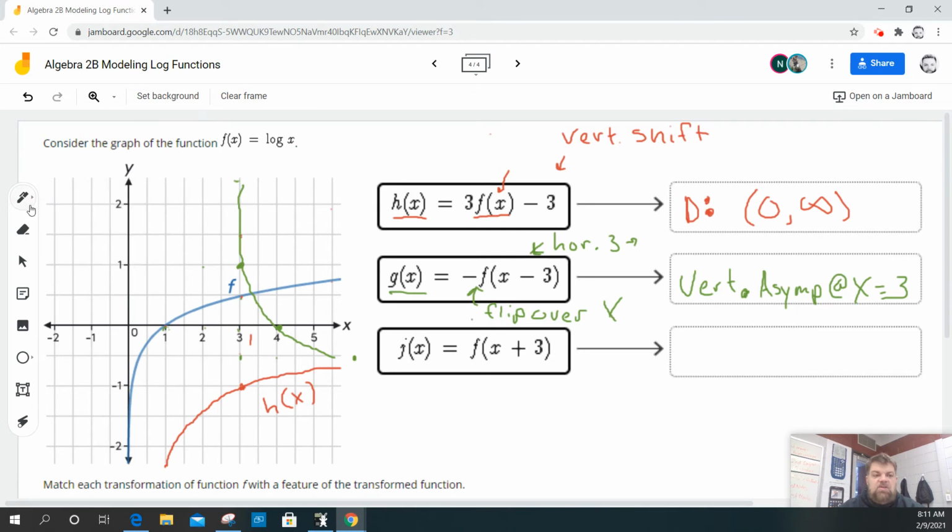And lastly, let's do the last one. I've done red, I've done green, we'll try yellow. So for the last one, this is not flipped at all. We're just sliding everything over 3 units to the left, right? If it's inside the parentheses, 3 units. So this is pretty easy. I could pick this point right here and just go over 3 units.